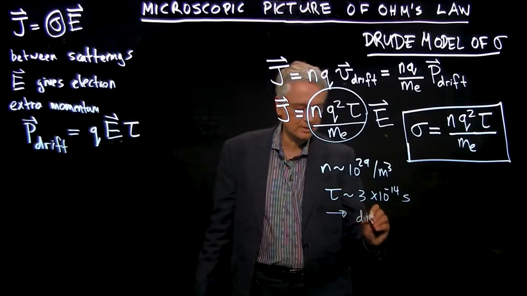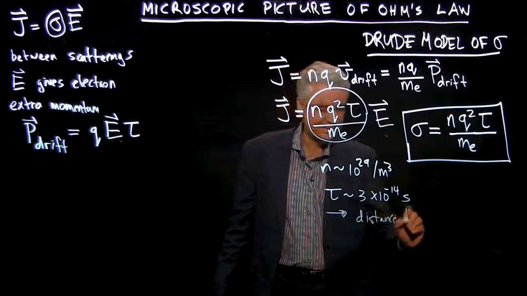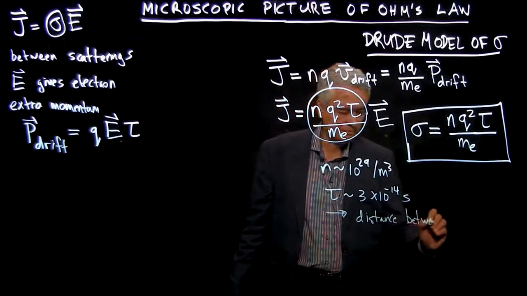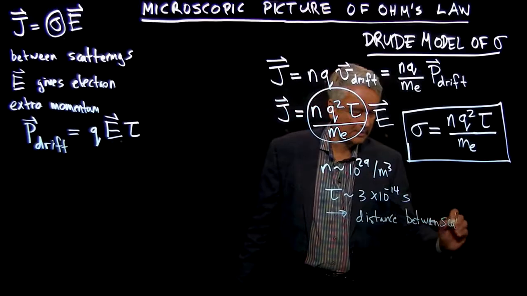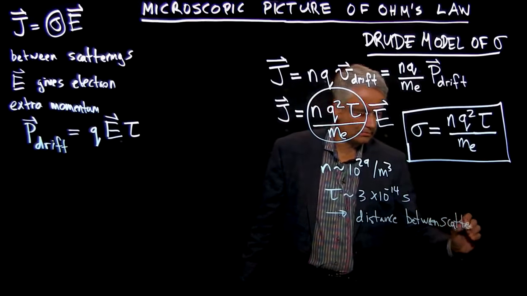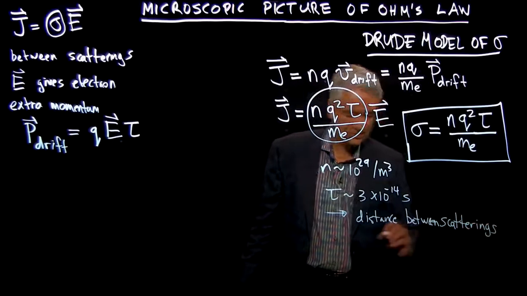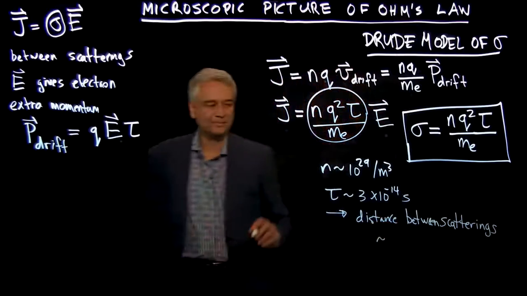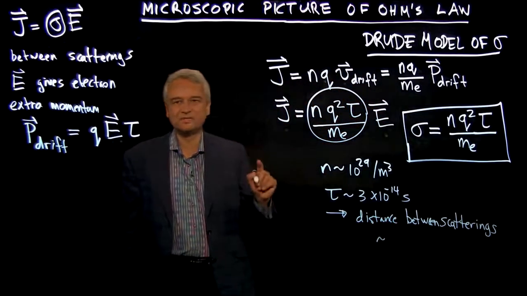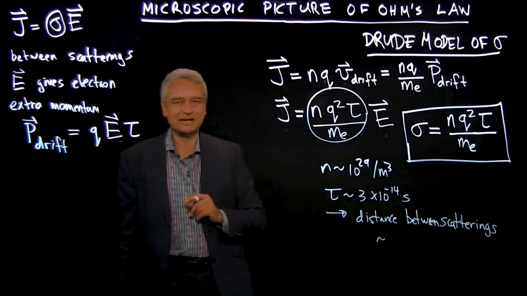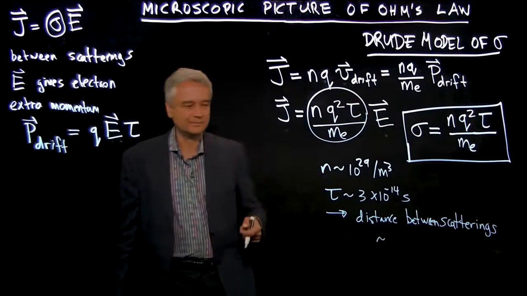So the distance between scatterings, well, what is the distance between scatterings? It will be v times this tau, where v is not v drift, but v is the 100,000 meters per second. V is the whizzing around speed.